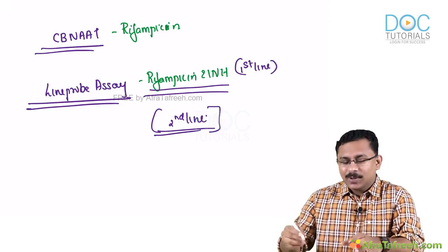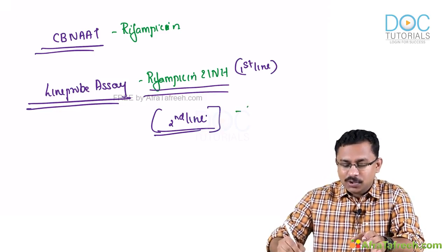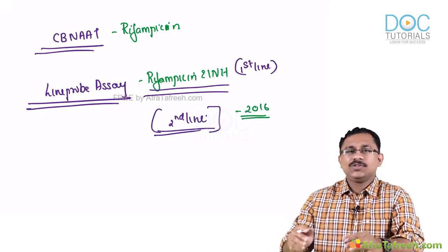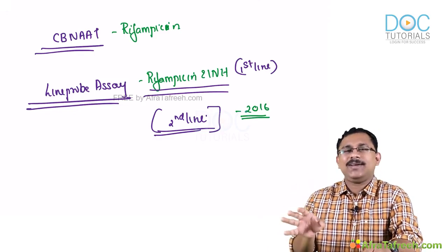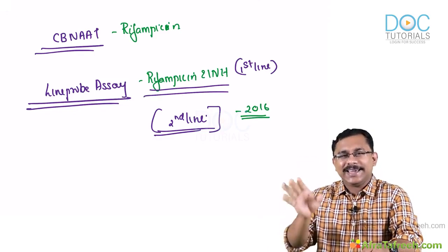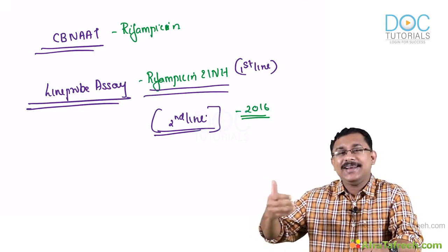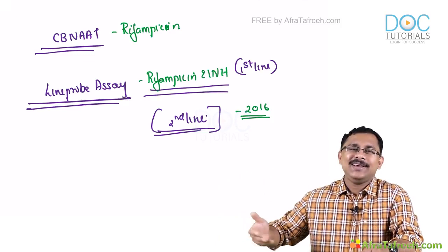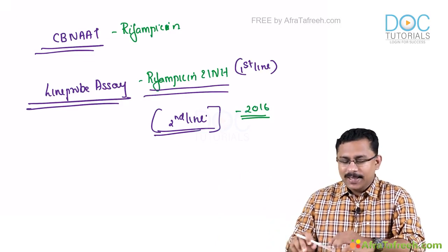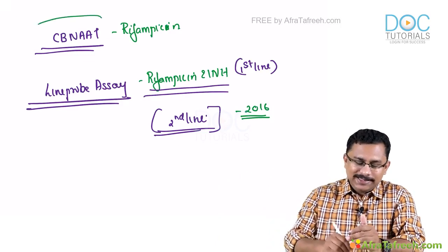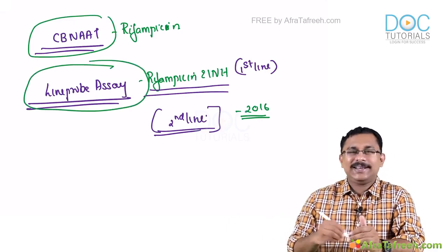That was endorsed by the WHO in 2016. So in 2016 the WHO said, go for the second line probe assays as well, so that you can additionally determine if there is resistance to other agents.